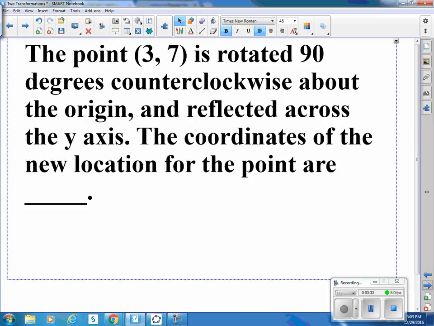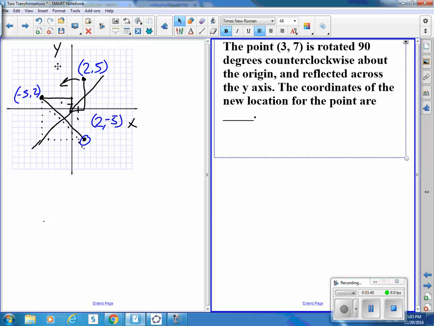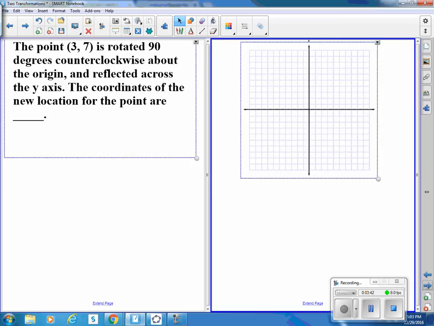Let's do (3, 7) rotated 90 degrees counterclockwise. Let's go to dual page so we can see the description while we try to figure out where it is. Okay, (3, 7). Okay, that point right there.